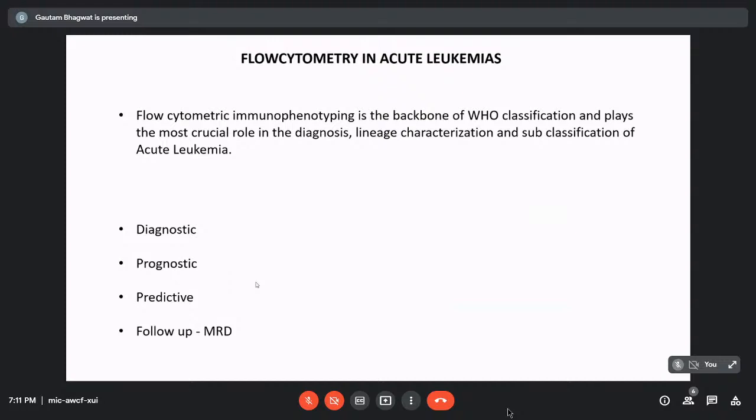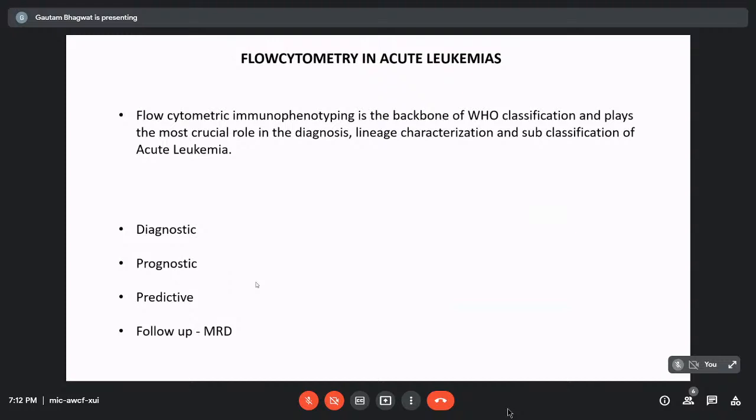Now, most of us as postgraduates strive to make a diagnosis based on the morphology, but as we study hematopathology more and more, we tend not to give any diagnosis based just on the morphology, and we would just label an acute leukemia if we have blasts in our peripheral blood or bone marrow.